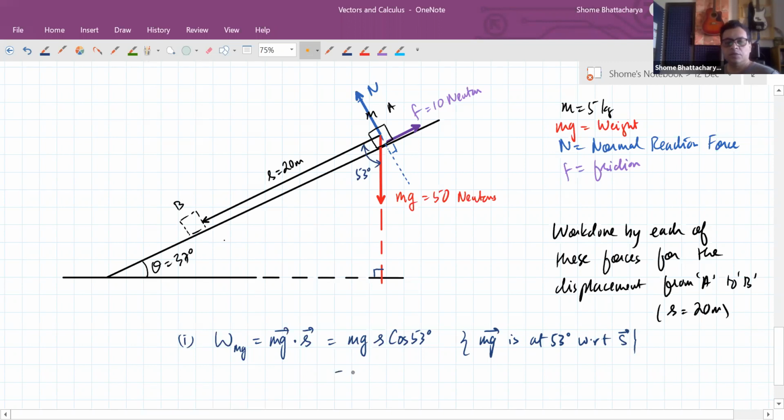Right, so this will just become 50 multiplied by 20 multiplied by cos of 53, which is 3 by 5. So we can see that this will be positive 600 joules because we have taken this in newtons and meters. Okay. So that is the work done by the first of the three forces.